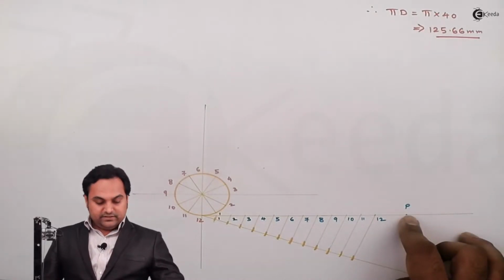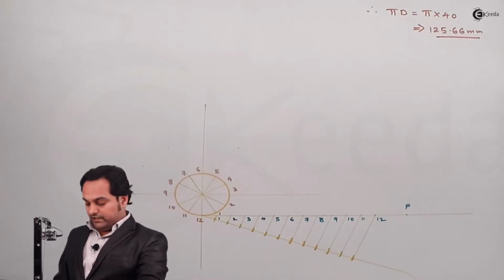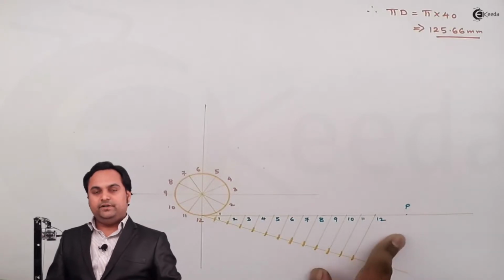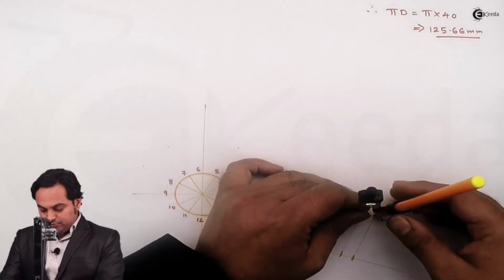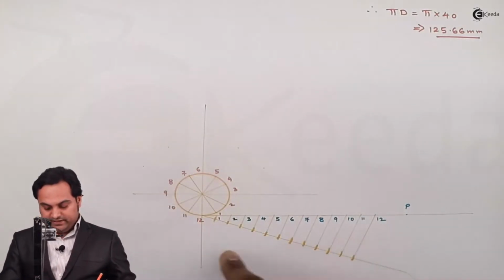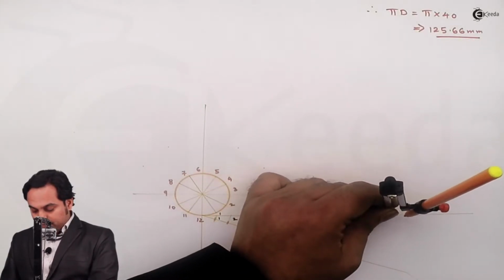And next, as I see here, this point P is going beyond 12, so what I can do here is get extra divisions so that I know the location of point P, that is, between which points it lies. So here I am taking the distance from 11 to 12. I can take any one of the divisions and continue with the marking.